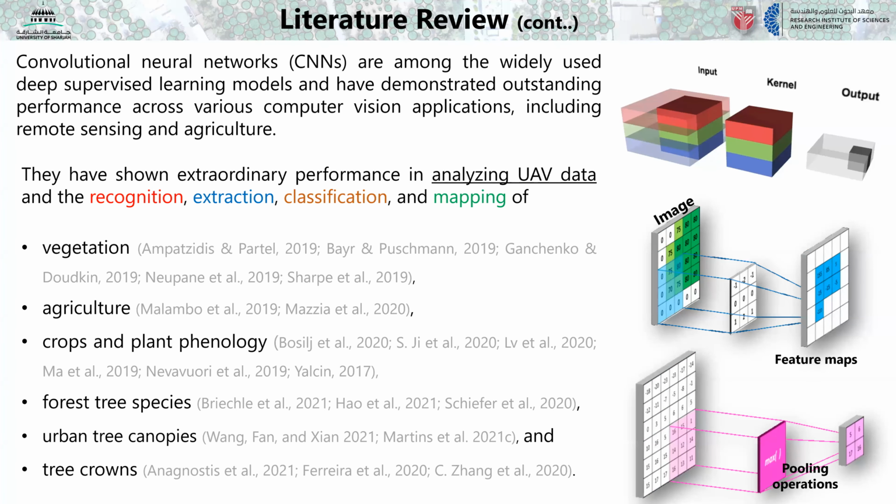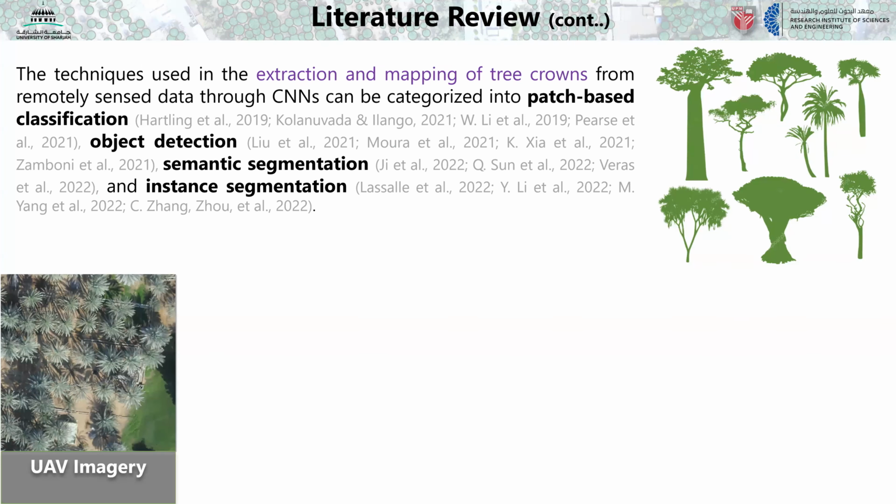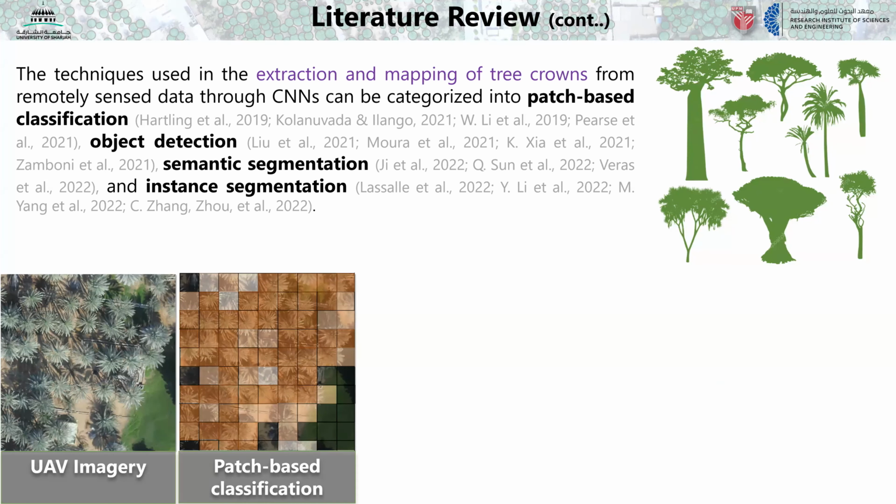And they are used to perform four main vision tasks, including patch-based classification, object detection, semantic, and instance segmentation. So the first task that CNN is used for is patch-based classification, where the input image, satellite or UAV images, are divided into small tiles, depending on the size of the object of interest.